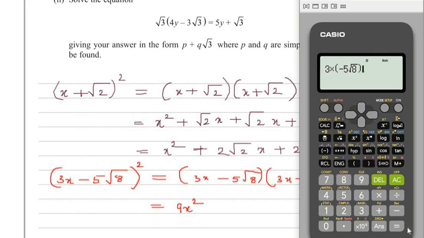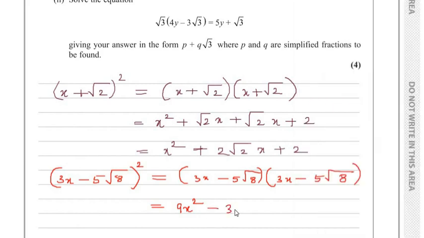We get minus 30 root 2, so we will write here minus 30 root 2. And this is minus 5 root 8 times 3. Again it's the same term, so again it turns out to be minus 30 root 2. I forgot to write x here, so yes, here also there is an x term.